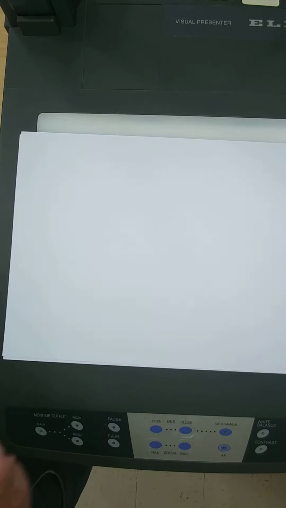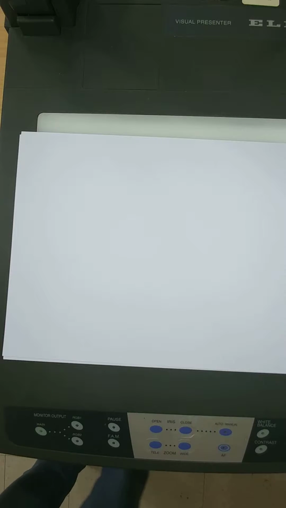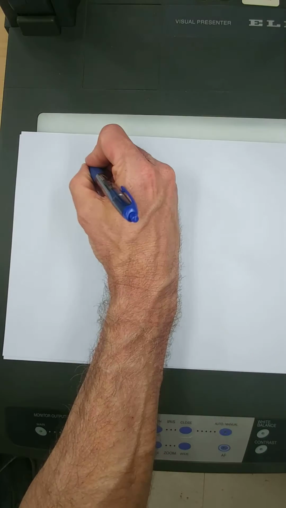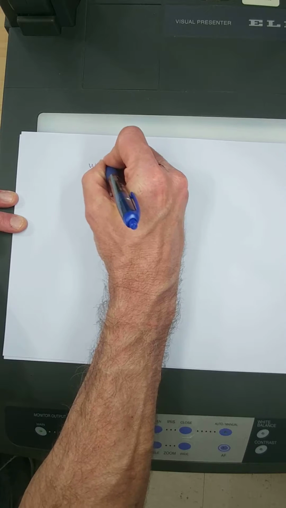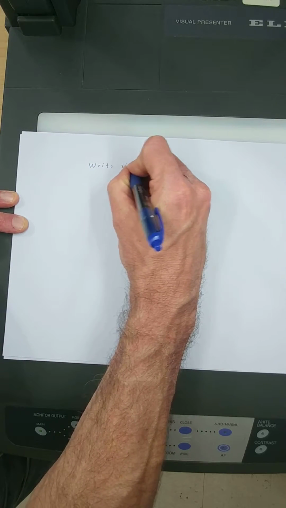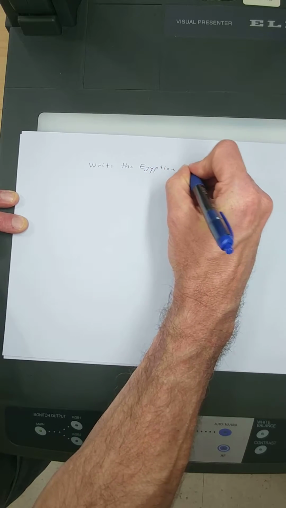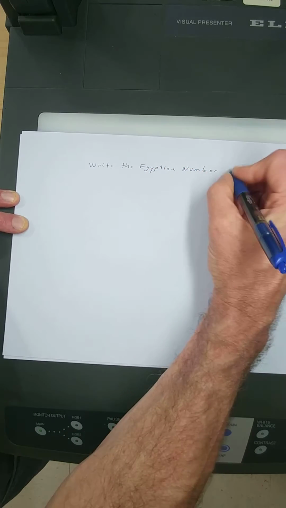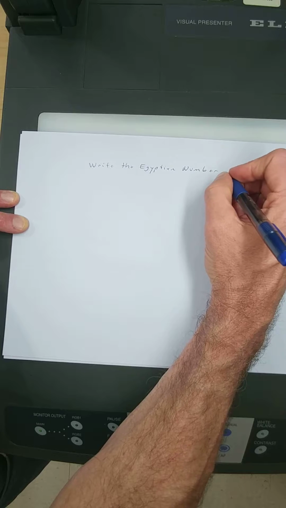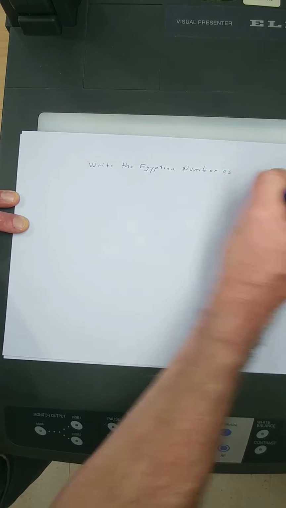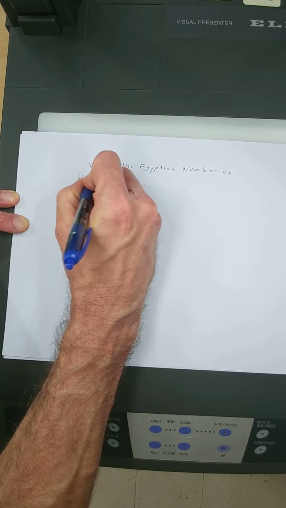All right, so what I'm going to do is convert an Egyptian hieroglyphic to a number in what we call our number system, which is Hindu-Arabic. So we're going to take the Egyptian number and write it in our number system, Hindu-Arabic.